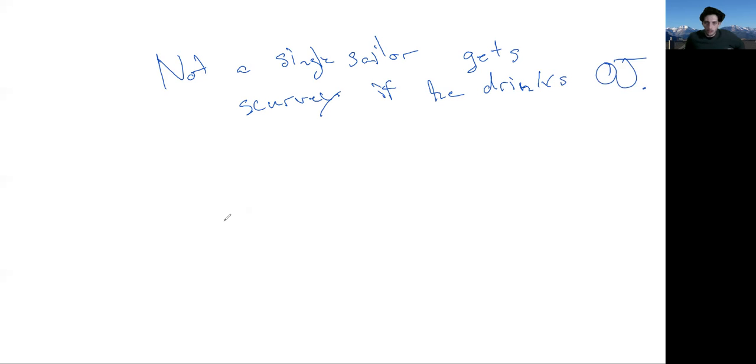So hopefully it's at least somewhat apparent to you that this is some form of an A statement. I mean, more closely, it's an E statement, that no blanks are blank, but remember, we're trying to think of all those E statements as really just A statements in disguise anyway. So hopefully you can see you're saying not a single sailor. So you're ruling something out about a general class of people.